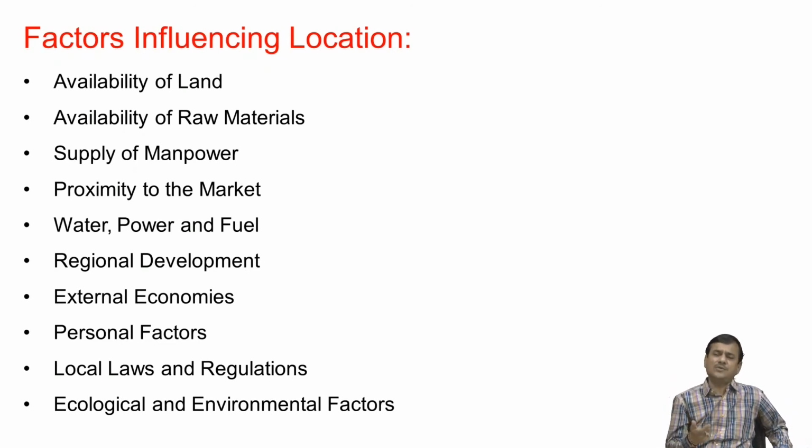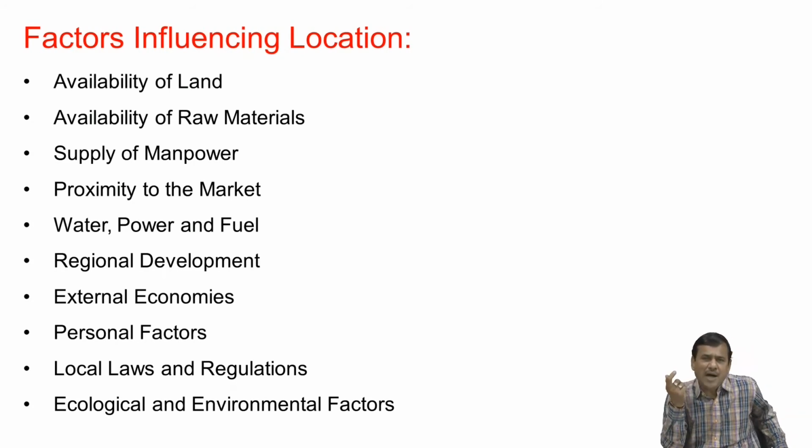Ethically also I have to take care that by manufacturing this unit here, am I not disturbing the ecological setup or the environmental setup of the country? Because environment and ecology are to be preserved by us. It is in the interest of the nation. It is in the interest of the world.